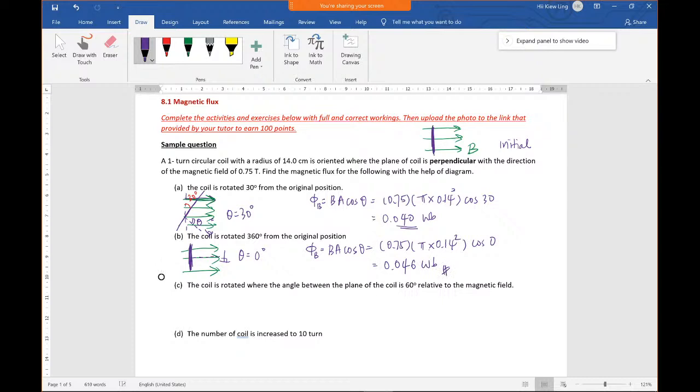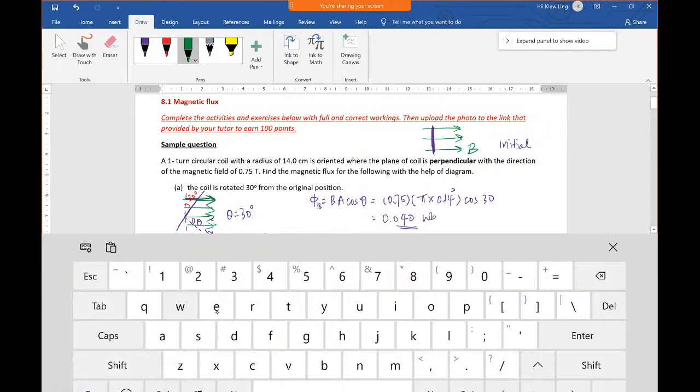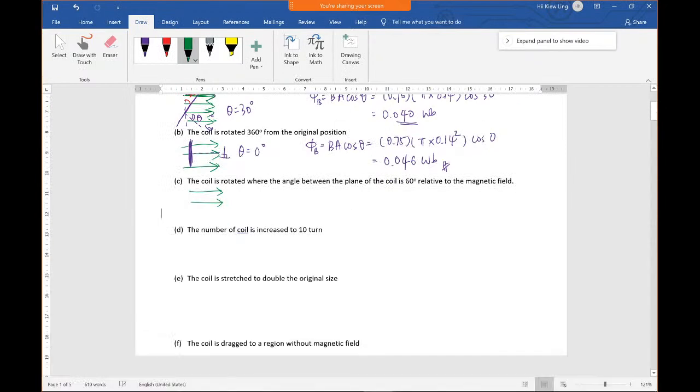Question C, the coil is rotated where the angle between the plane of the coil and the magnetic field is 60 degrees. So this is your magnetic field. The coil and your magnetic field is 60 degrees. Firstly, draw your normal line.